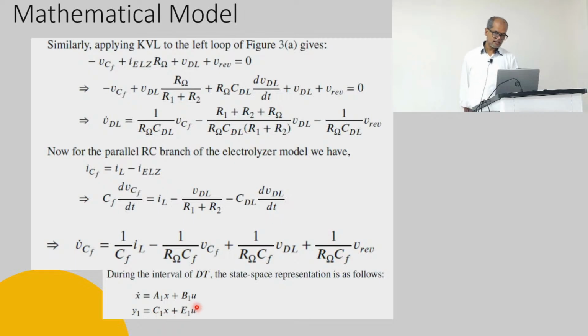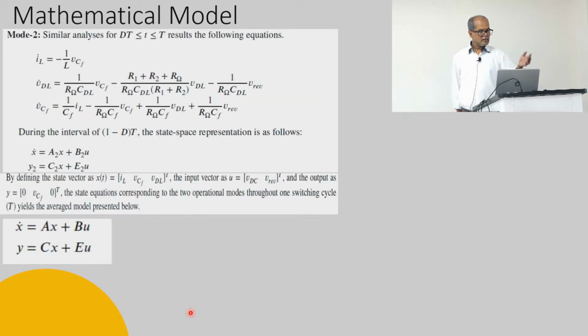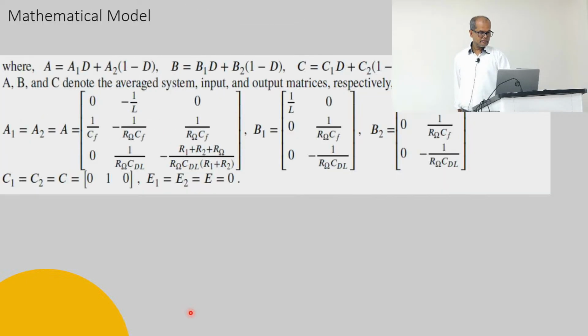In most cases, you might get 0 here. So by doing that, finally, I've given all the matrices here. So you can find all the matrices, and as you know, once you have this state space model, it's very easy to do other studies.